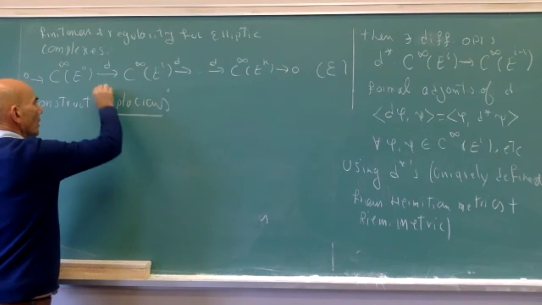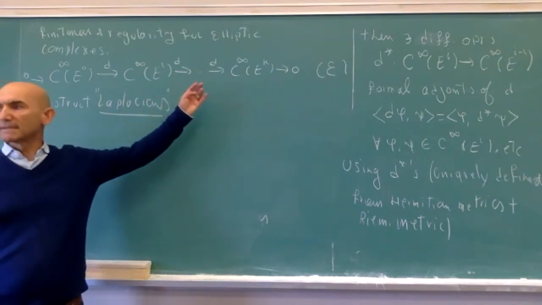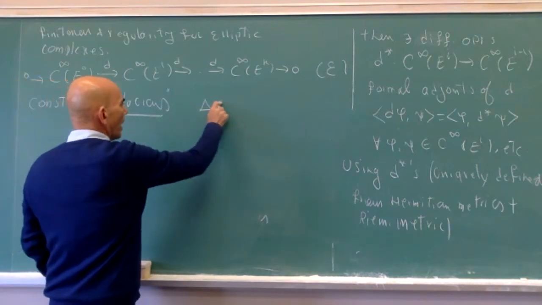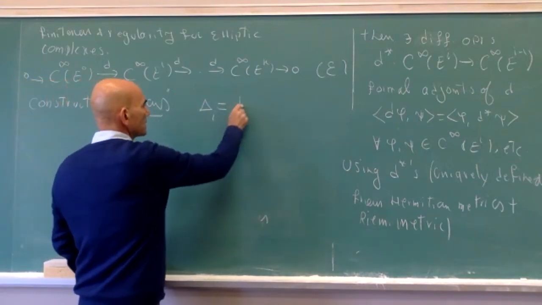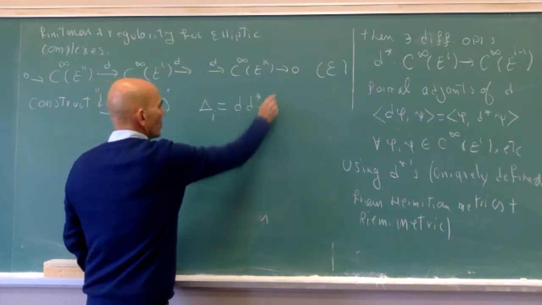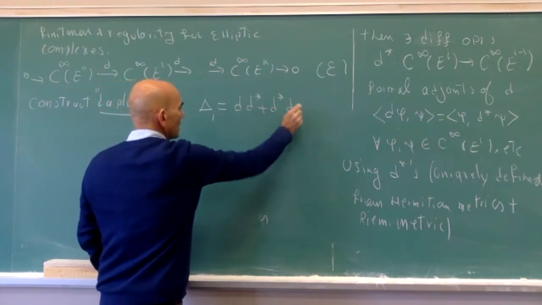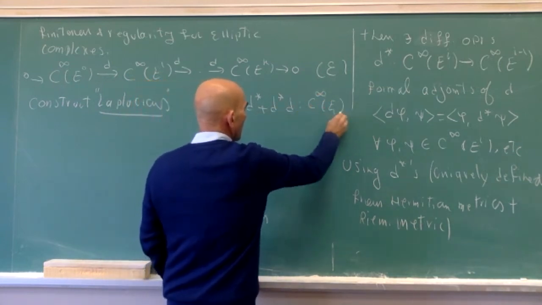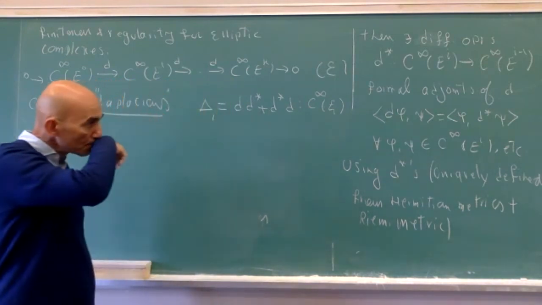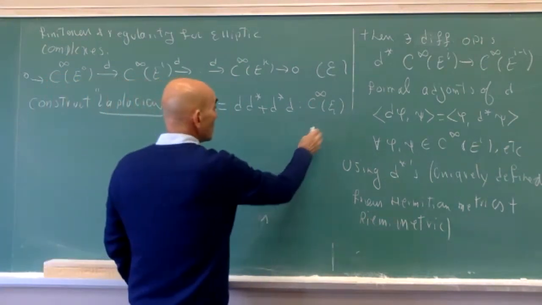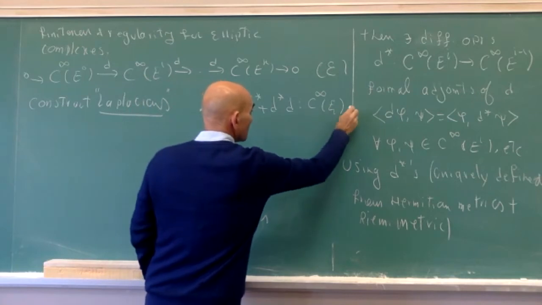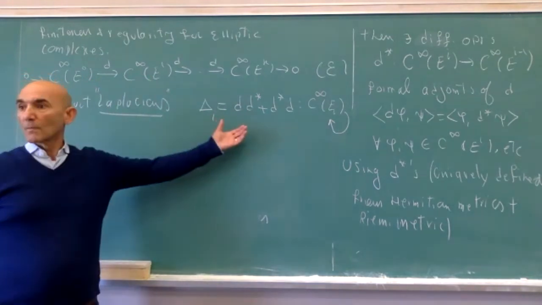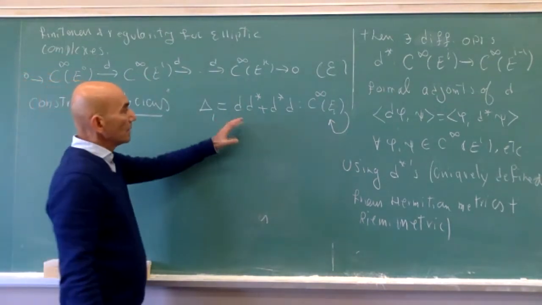Laplacians in this very generalized sense we are talking about. So delta_i, which I just write like this, d d star plus d star d. These guys now go from C infinity of E_i to itself. It's clear, right?